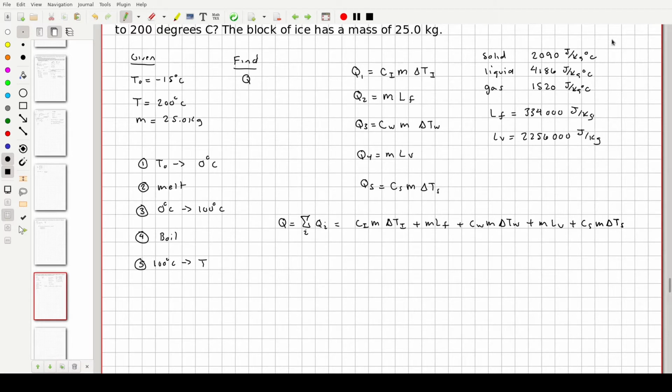Now, this right here is C sub I, this right here is C sub water, and this right here is C sub steam.